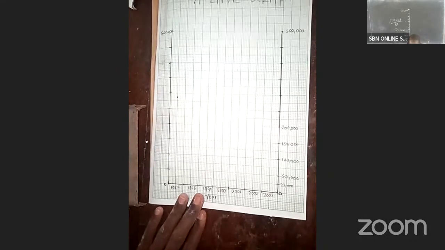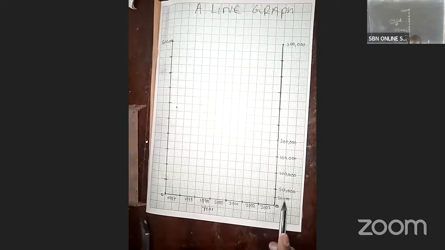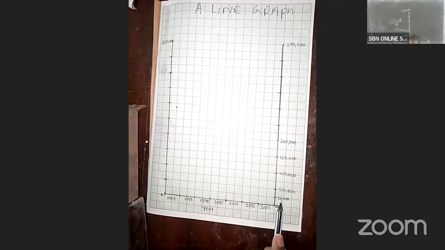Now let us go to the next item, 1998. Divide it by this amount of 1 centimeter. What have you got? 13.32.